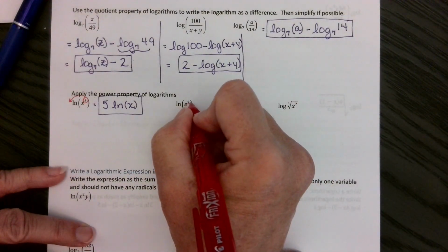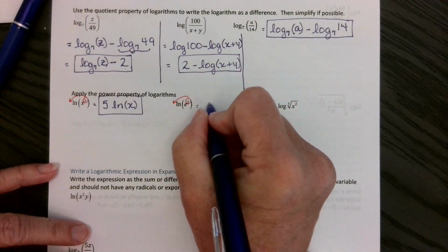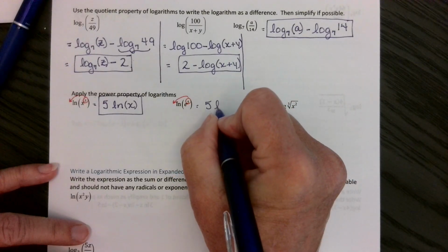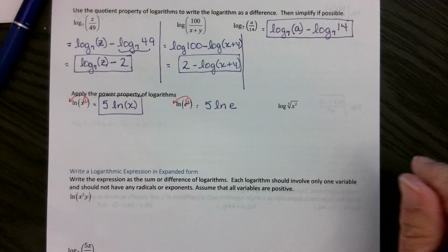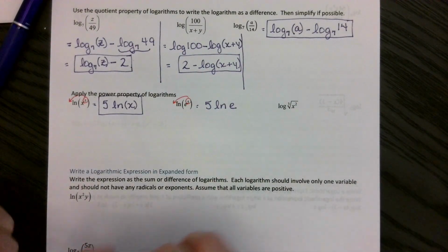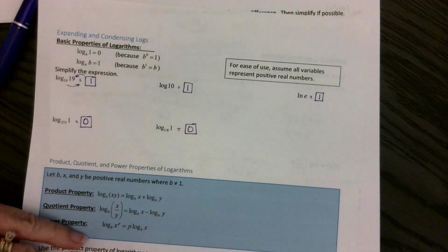Right here, we're going to take the 5 to the front. 5 times the natural log of e. And this is where some of you are going to stop and it's going to be wrong. And we just worked this problem right here.